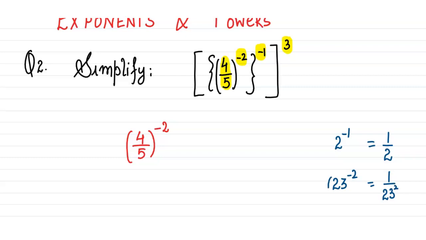So when we raise numbers to negative powers, we take their reciprocals, and the power becomes positive. Let's take some fractions also, which are raised to negative powers. For example, 3/2 raised to power -1 is actually equal to 2/3.